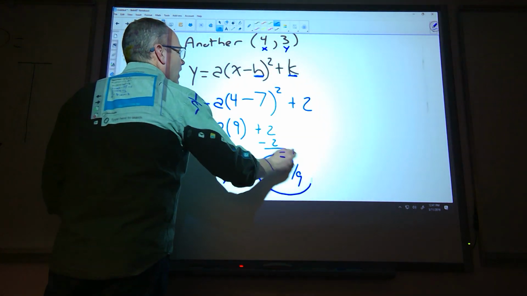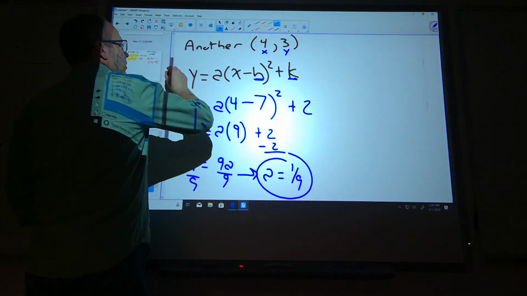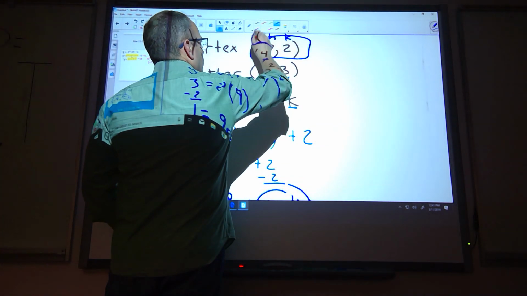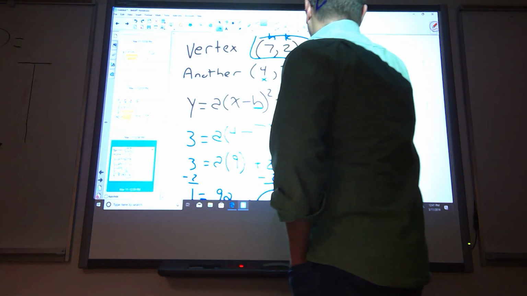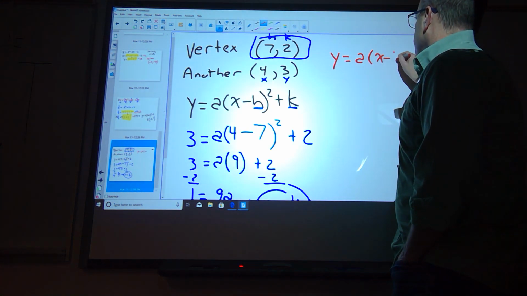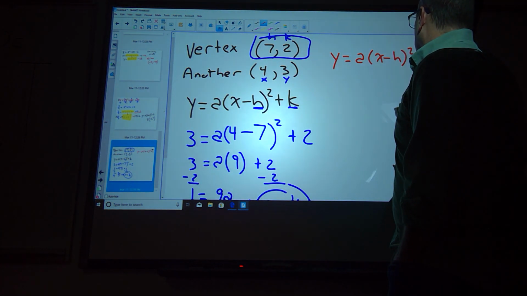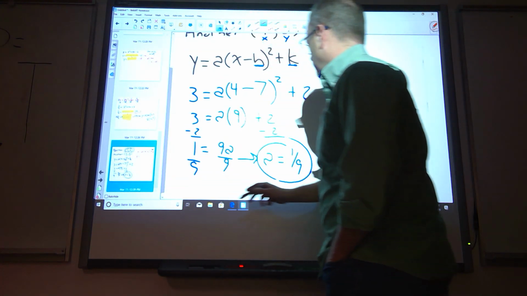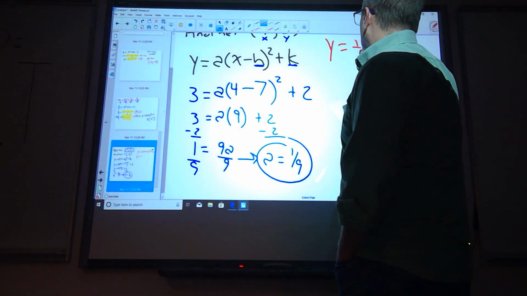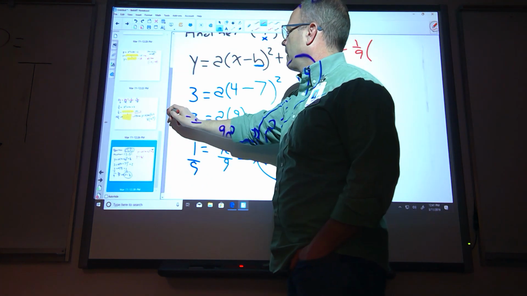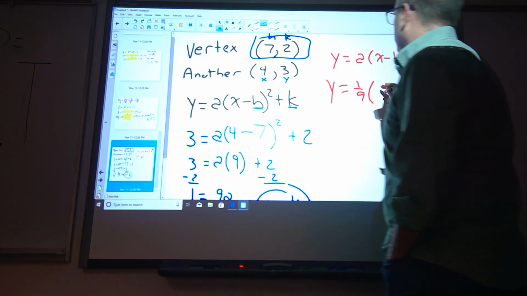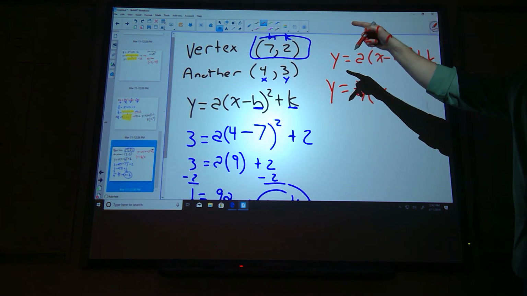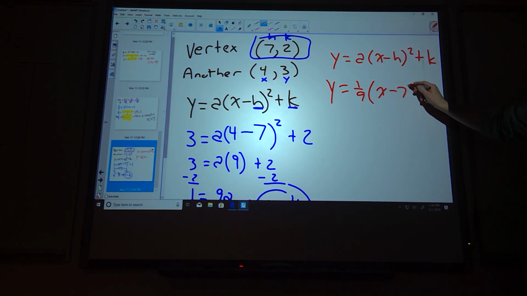So I know my a value and I know my h, k value. So I'm going to take both of those and plug them back into this. Okay, so my a value we just found to be what? 1/9. X minus h, my h value you told me was 7. I got minus 7 there, squared.